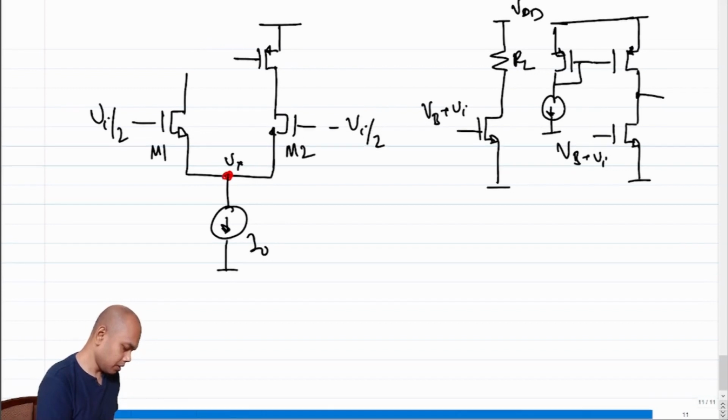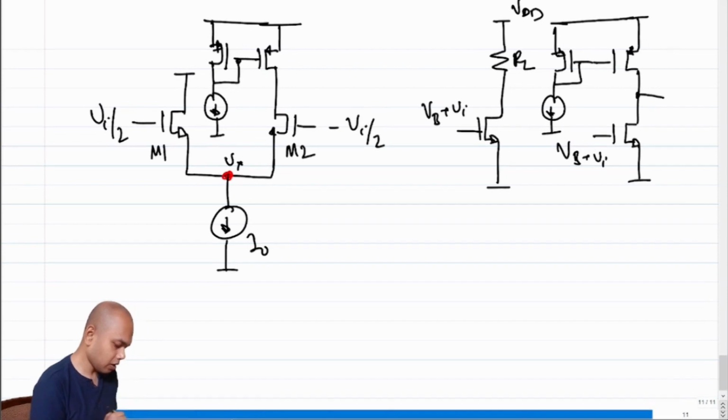So let me use some space here. We can use the same old bias that we have been using all along. What is the current through this PMOS transistor? Let me name this as M4, and let me name this M4M, which is a mirror transistor, or M4 prime.